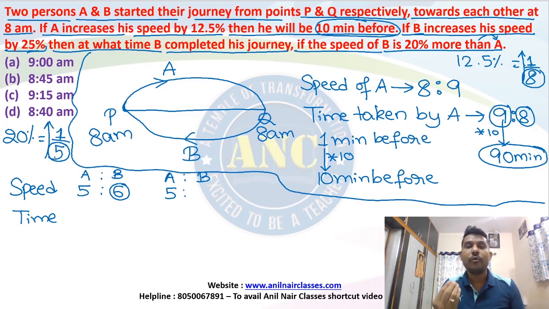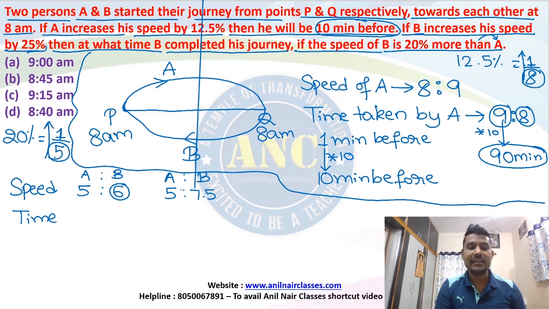What is 1 by 4 of 6? 1 by 4 of 6 is 3 by 2, which is 1.5. That means from 6 kilometers per hour, you should increase the speed by 1.5. So the final speed of B will become 7.5 kilometers per hour.